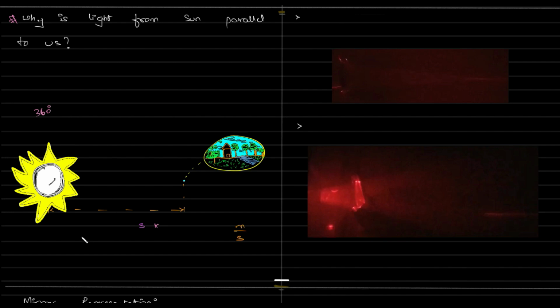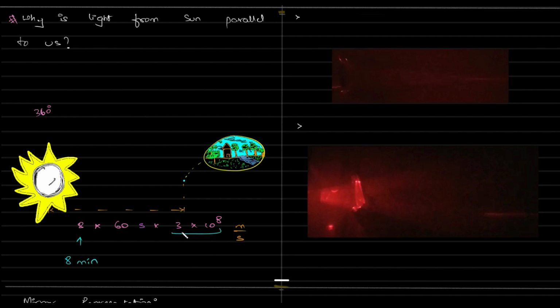Why do I say that? See, first thing first, the sun is around 8 into 60 seconds away, at 3 into 10 to the power of 8 meters per second. So many meters away from us. Because the sun is around 8 minutes away from us, right?